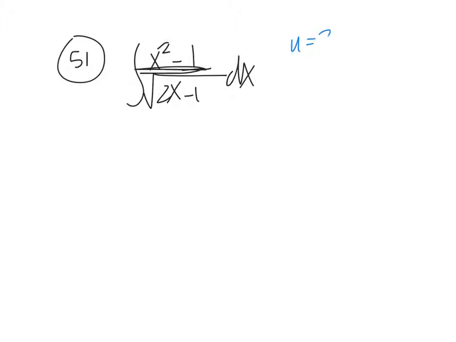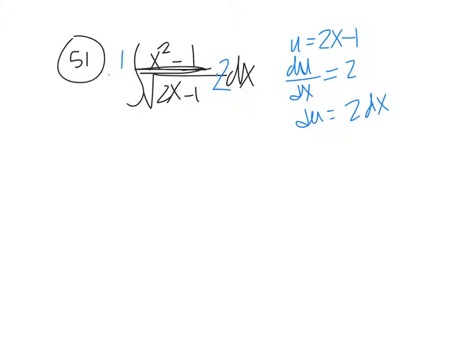So u is going to be 2x minus 1 because it's in the square root down below, which means that du dx is just 2, or du is 2 dx. So I need to multiply a 2 in here, which means I should have a 1/2 in the front.